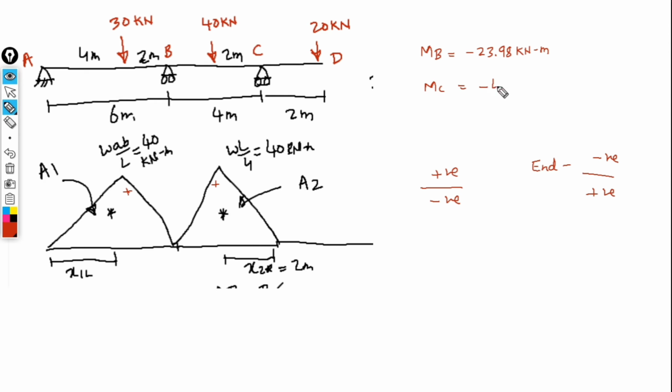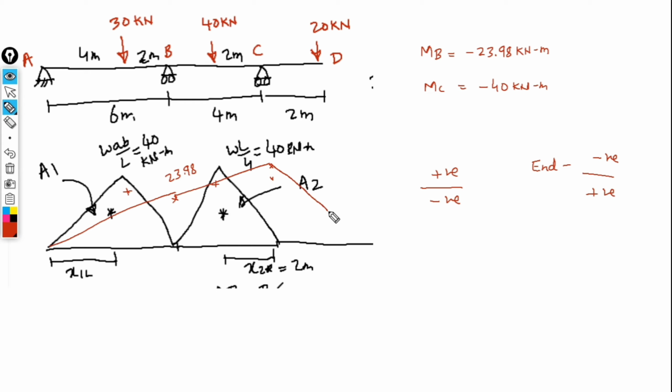MC is also negative, minus 40 kilonewton meter. MA is 0, you have the value of MB that you have calculated, just join this. 23.98, and MC is 40, sorry, it will come here.